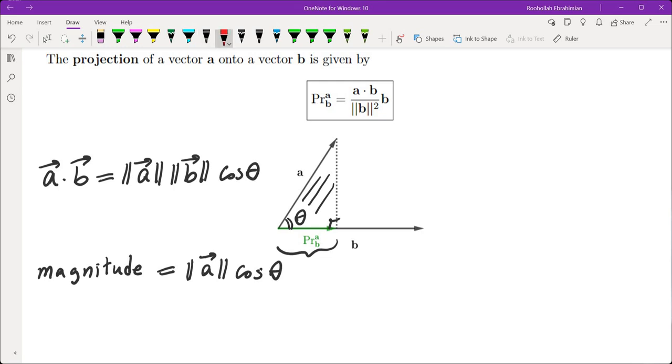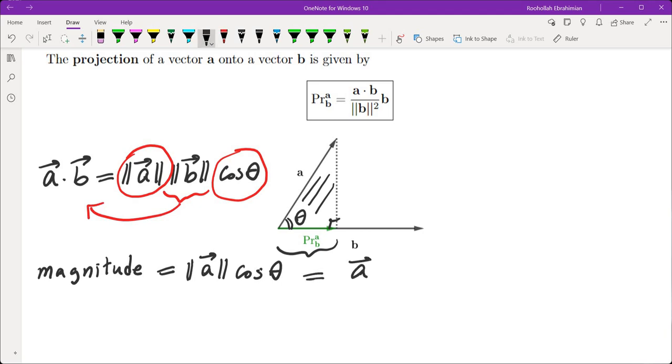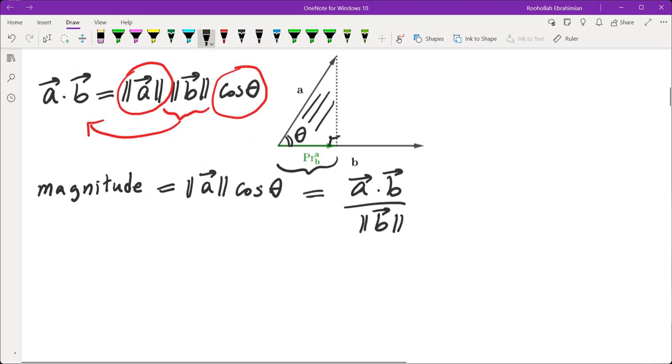If we want to find magnitude of A times cosine of theta, we could simply divide by magnitude of B, which gives us A dot B divided by magnitude of B. So this is how we can find the length of this projection.